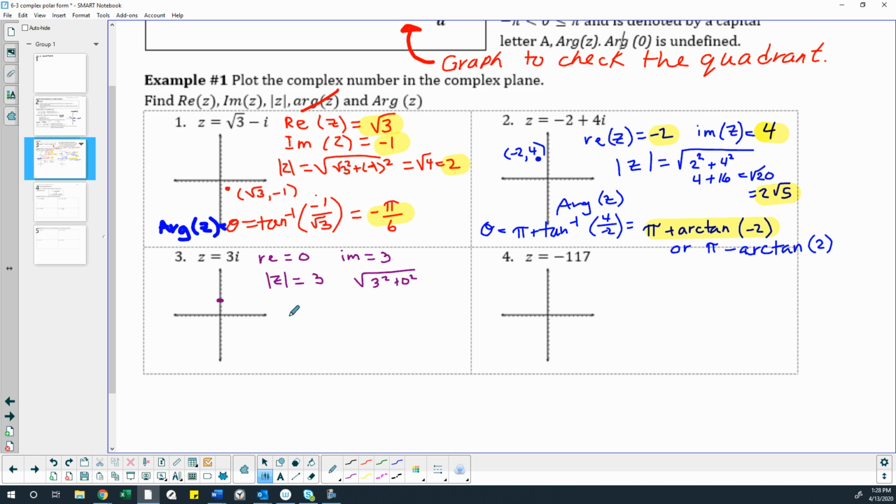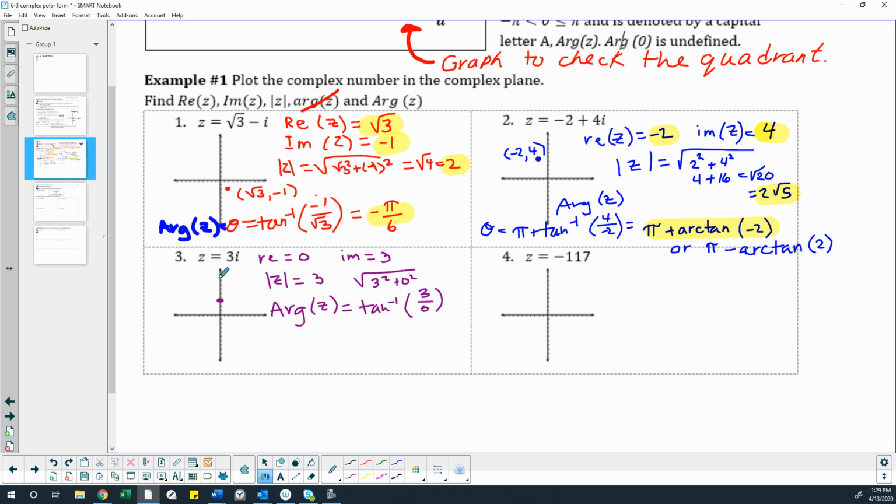So then we do the argument. So the argument of z is going to be the inverse tangent of 3 over 0. We can't really do that, except we just know it's undefined. So what's tangent going to be if it's undefined?